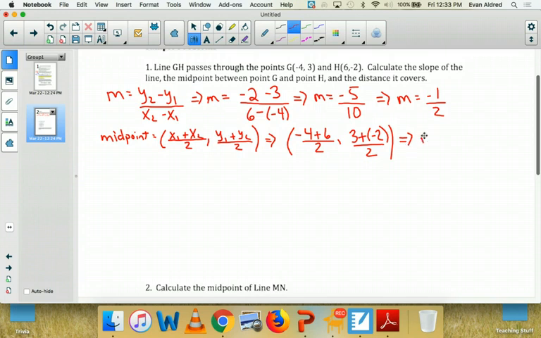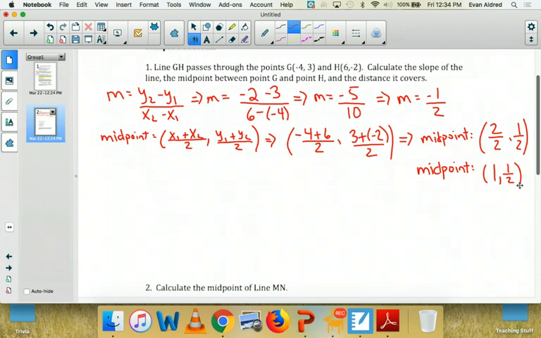And when we simplify that, we find that our midpoints are 2 over 2, comma 1 over 2. And of course, 2 over 2 is not something we would leave. We know that 2 over 2 is equal to 1. So that means that our midpoint between point G and point H would lie at 1, comma 1/2. The average of our x-coordinates, comma the average of our y-coordinates.